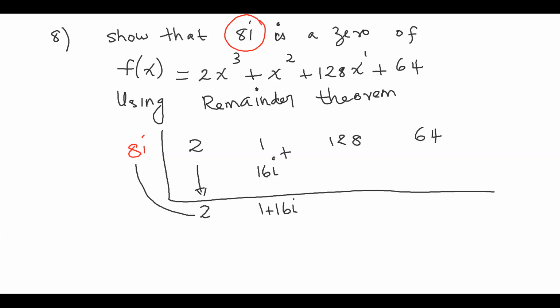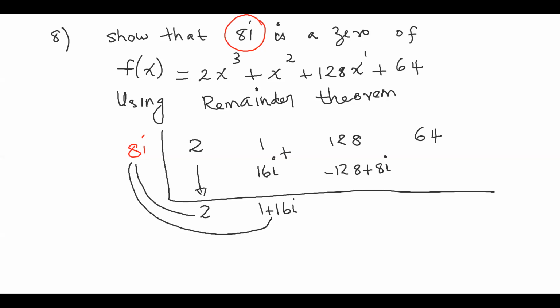Now I have to multiply 8i times 1 plus 16i. Use your calculator again. So we get negative 128 plus 8i plus 8i. This is what you get when you use your calculator.